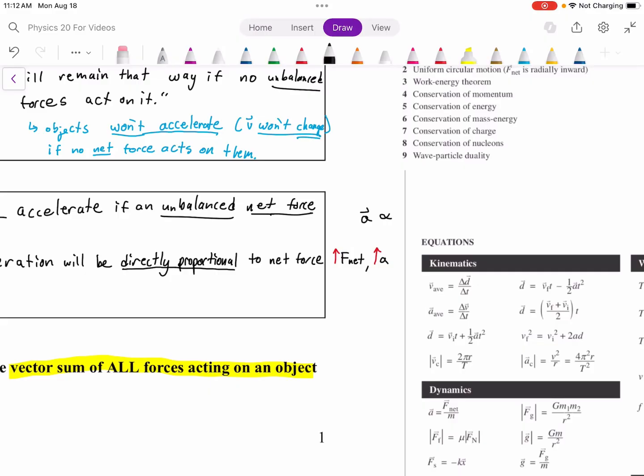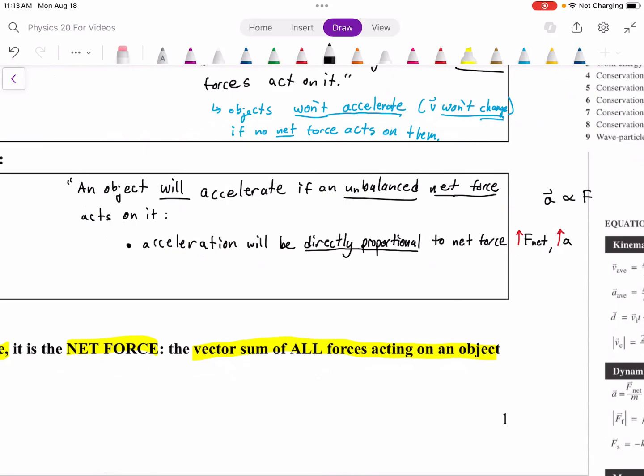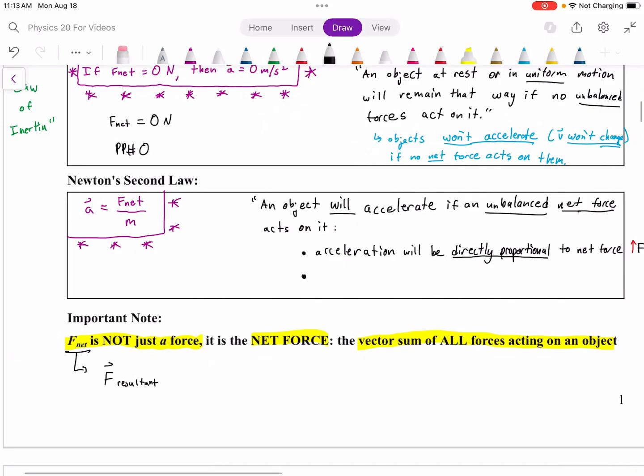We use this symbol. It just means acceleration isn't equal to force, but it depends on force like this. You'll see what it looks like when something is inversely proportional in the next statement here. Okay, so that is that. Well, we can see acceleration depends on two things, right? The net force and the mass. So again, you've known this for a long time.